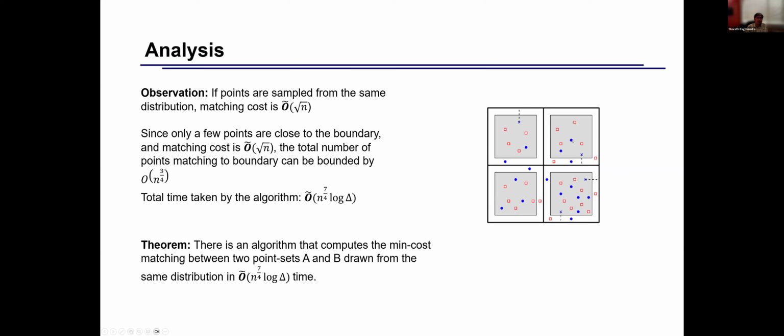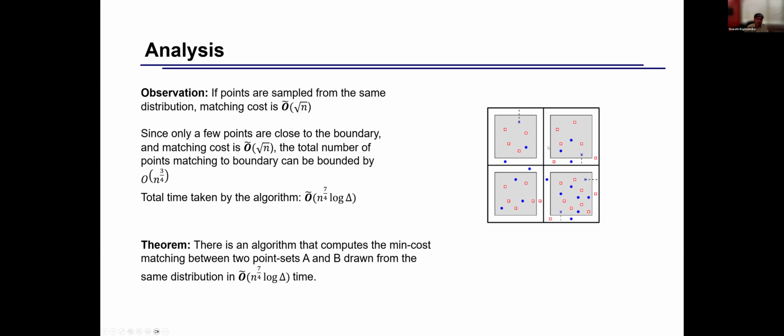Therefore, you cannot have more than n to the 3/4 of the blue points that are in the gray region match to the boundary, because if you do that, then you start to exceed square root of n. So only n to the 3/4 from here can match to the boundary, and there are only in expectation n to the 3/4 points in this white region. So a total of only n to the 3/4 will match to the boundary.